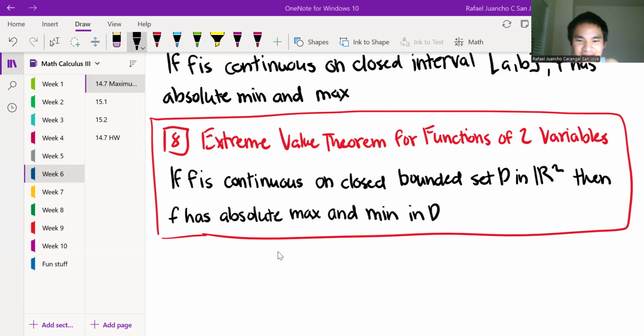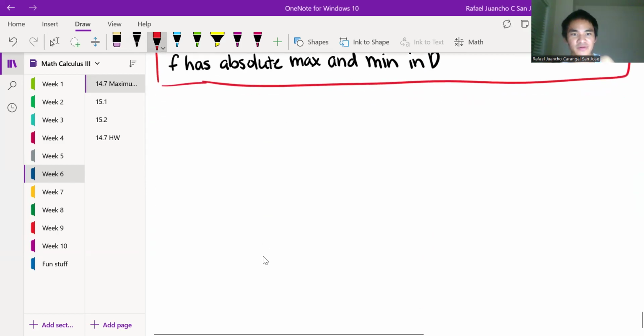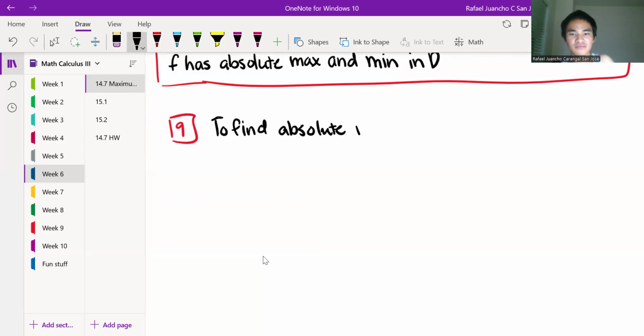Here are the steps to finding the absolute min and max.